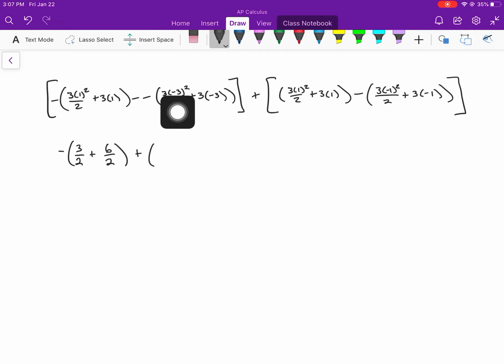Plus, over here we'll have 27 over 2. Negative 3 squared is 9 times 3 is 27 over 2, minus 9. 9 times 2 is 18, though. So let's put that over 2.